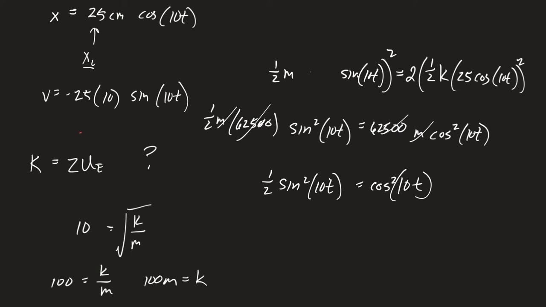So for me, this is going to be tangent squared 10t equals 2, or tangent 10t is root 2. And you can just find out what t is from there. I'm sticking to it. I should have expected the numbers to cancel out. All right, so that was 37.